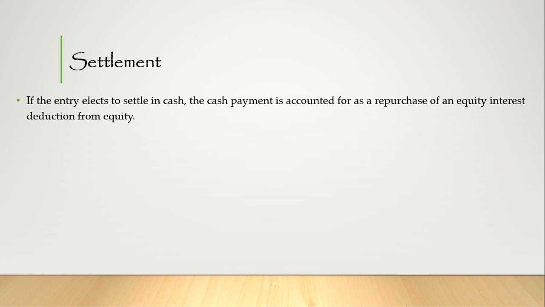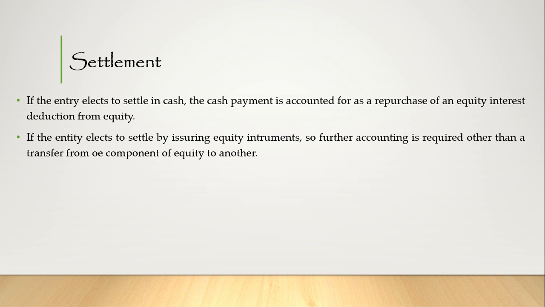Settlement. If the entity elects to settle in cash, the cash payment is accounted for as a repurchase of an equity interest, a deduction from equity. If the entity elects to settle by issuing equity instruments, no further accounting is required other than a transfer from one component of equity to another.